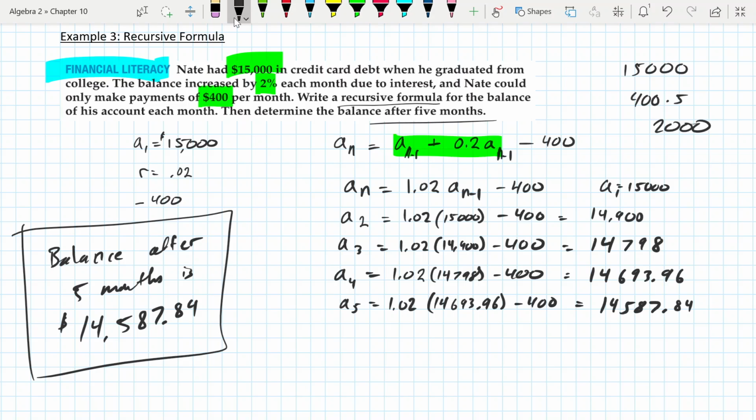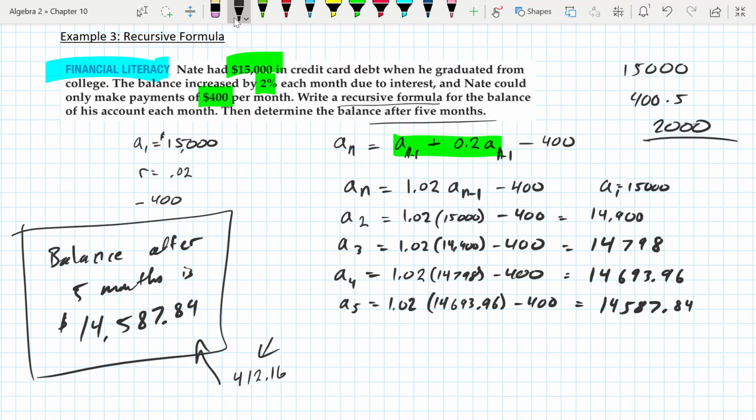Does he only have $13,000 left on his debt? No, he does not. He has only paid off $412.16. So to pay off $412, he's given the credit card company $2,000.